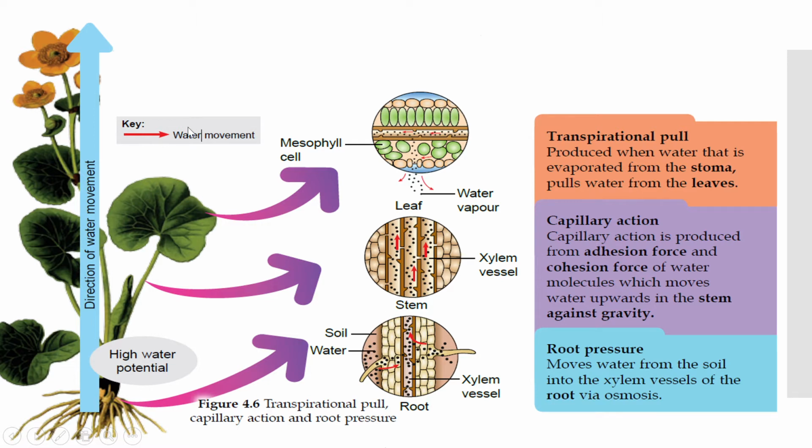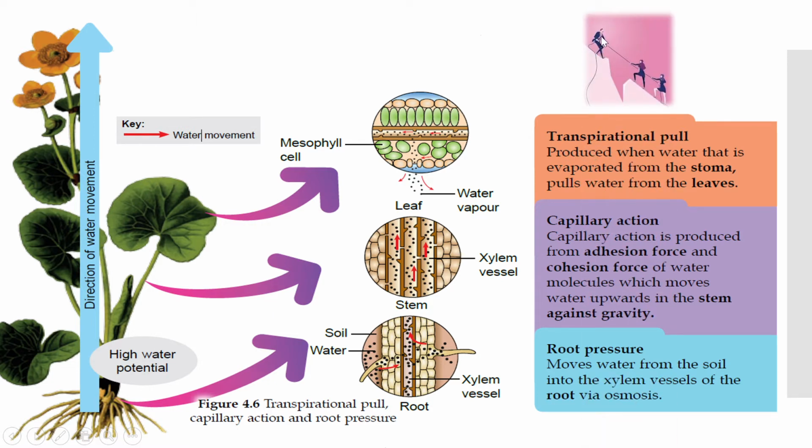So notice the water movement. What this sentence says over here is that water is lost in the form of water vapor evaporated from the stoma. So imagine water exits like this. Okay, so there's an empty space over here, and it's going to pull the water which is in the xylem to fill this empty space right here. And that is how this pull, this force, is produced.